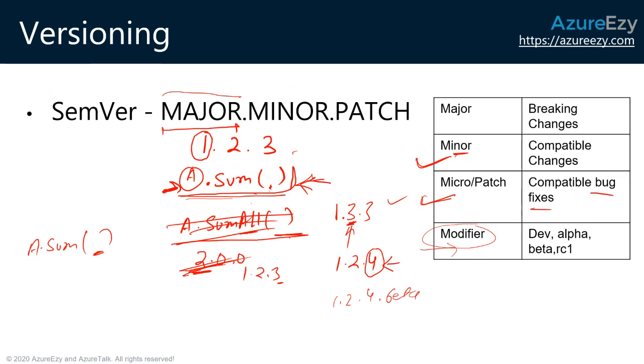So they put it as a modifier so that whosoever is looking at those package updates, whosoever is using those packages, is aware that it has not been released yet. It is still in dev, alpha, beta, or RC. RC is release candidate. So this is how this whole package versioning system works.